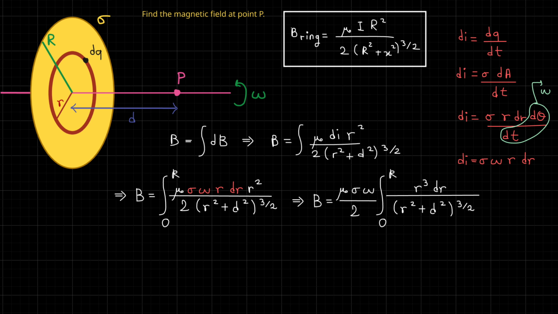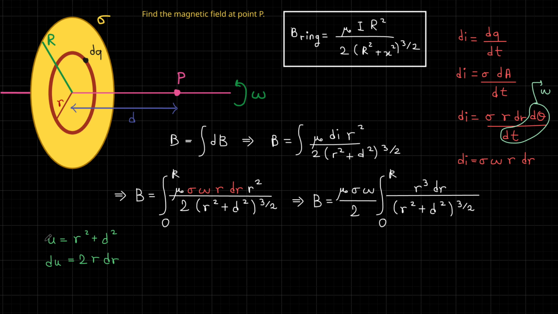Now let's work on our variable substitution. I'm going to introduce this new variable u as r squared plus d squared. In that case, du will be equal to 2 times r times dr, 2r dr. And finally, we also need r squared.